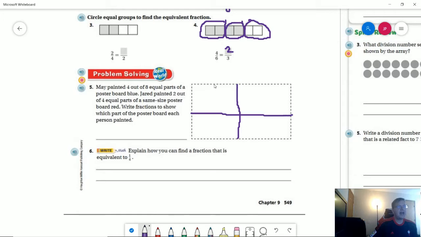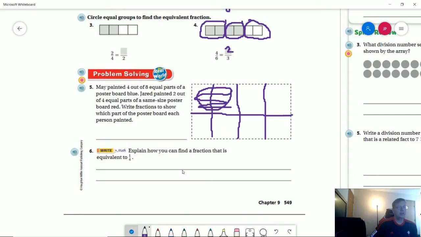I could add additional parts to change this, and so I could basically multiply the number of parts by 2 that I'm counting on the top and multiply the total number of parts by 2. So next year you will be working with that particular strategy a lot as we work to find equivalent fractions.